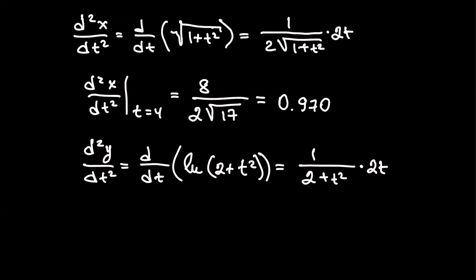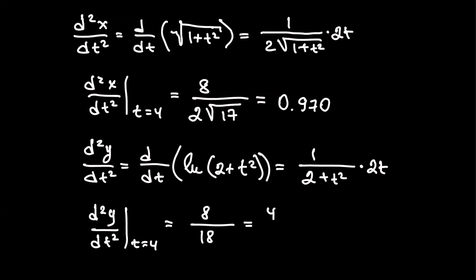So in this case, d²y/dt² at t equals 4 is equal to, plugging it in, 8 over 18. So this is equal to 4 over 9. And again, using the calculator, we can calculate this to be 0.444.